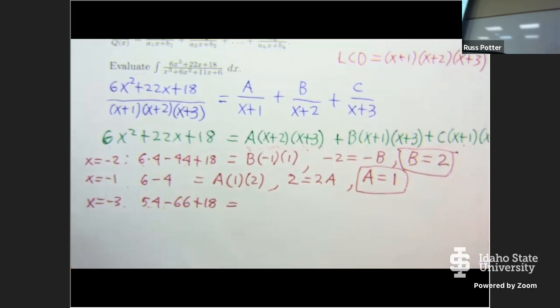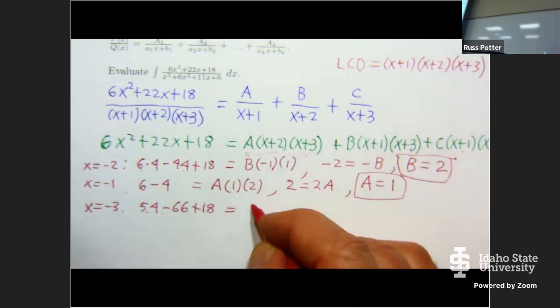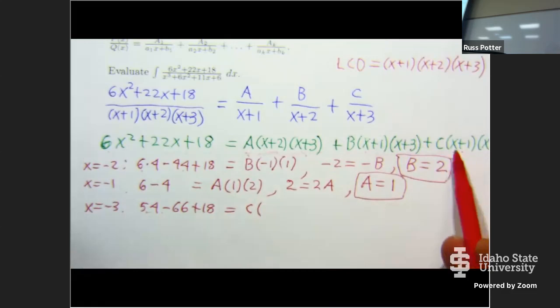Okay, then on the right-hand side, when x is -3, this term becomes 0, the second term becomes 0. And now we just have this term on the right. So c times, when x is -3, -3 plus 1 is -2. -3 plus 2 is -1.